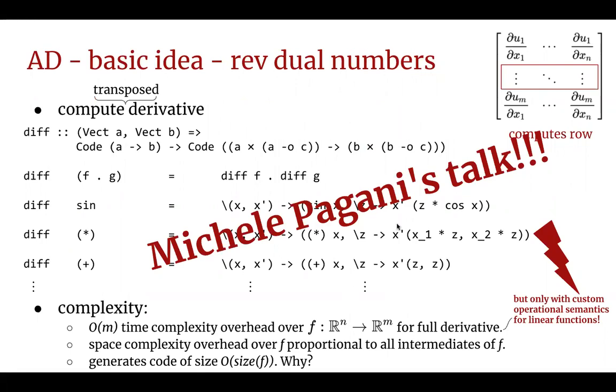It was an algorithm that took code for a function from A to B and produced code for a function that takes as input an A, so function input, as well as a linear function from cotangent vectors to A to some type C, and it produced an output for the function of type B together with a linear function from cotangent vectors to B, which happens to be the same as B because B is just a vector space, to C. And how you should think about this algorithm is it's calculating the action of precomposing with the transpose derivative.